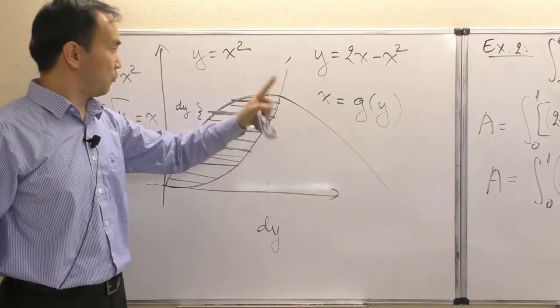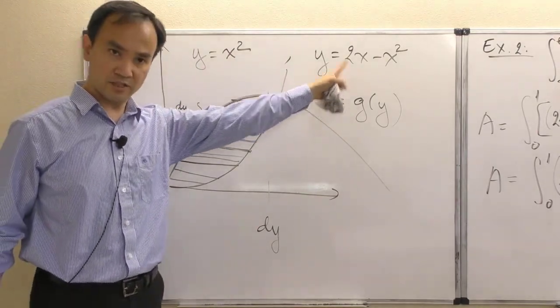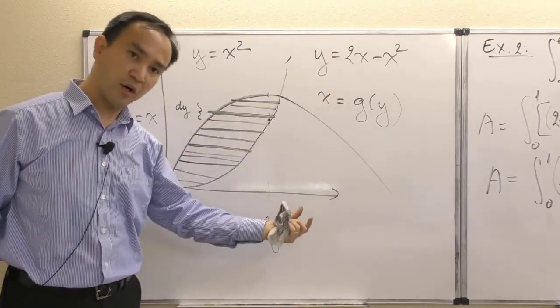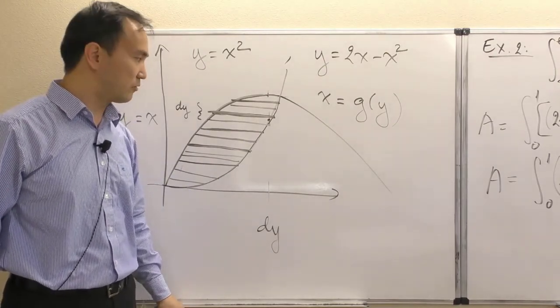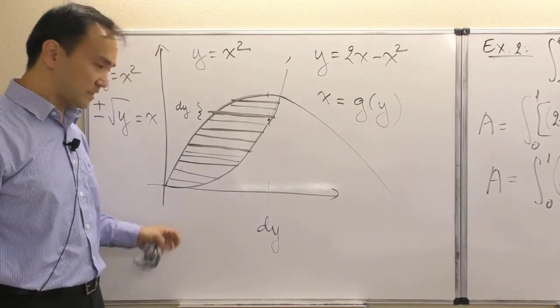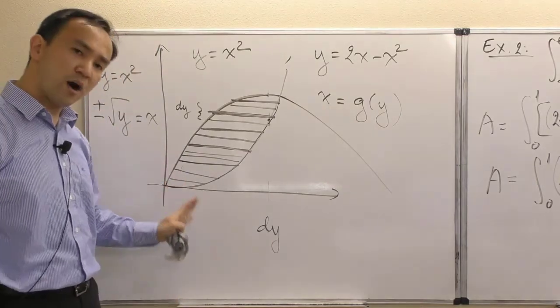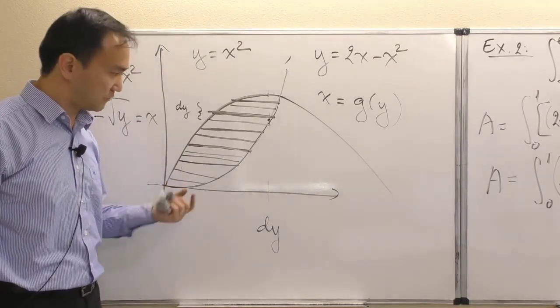Here in the problem it's already in terms of x, so it's more consistent with my earlier decision to go with a vertical stripe. That's the reason why I chose dx, the vertical stripe, in this case.